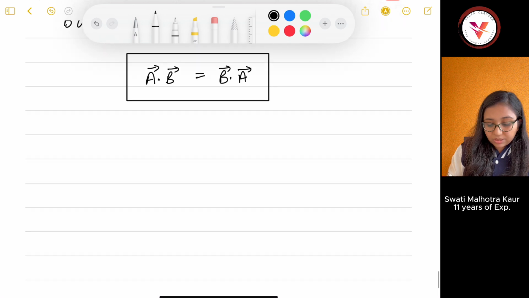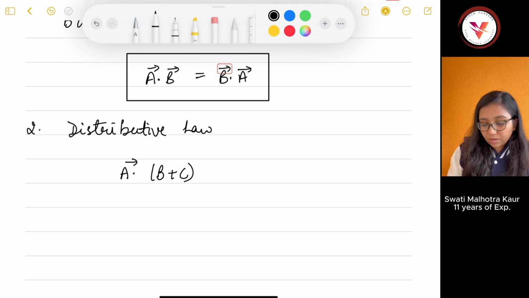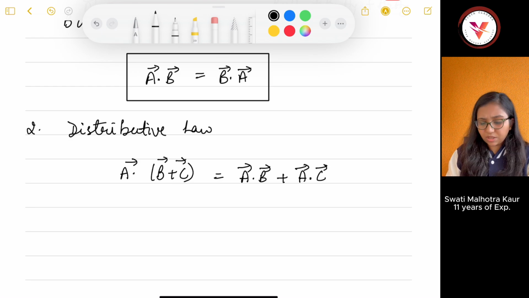The second property is that it's distributive. Distributive law, which you have learned in maths. It's the same here also. Like A dot (B plus C) is equal to A dot B plus A dot C. It's the same thing.